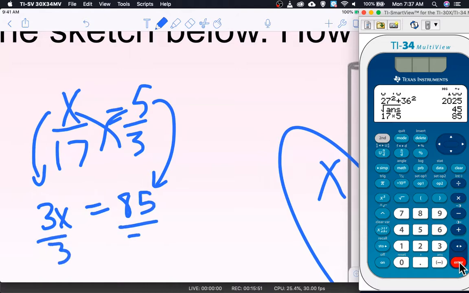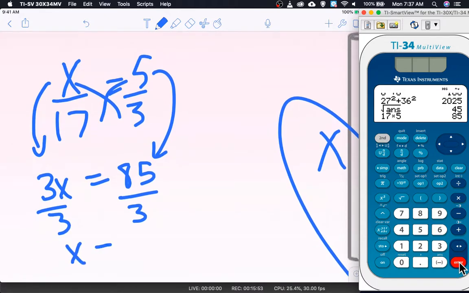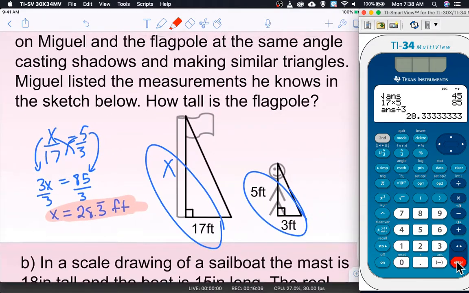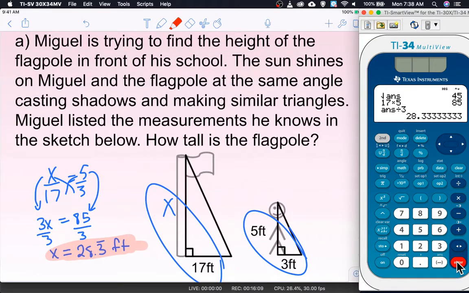Divide by 3, divide by 3, x equals 28.3 repeated feet. So that flagpole is 28.3 repeated feet tall. Fairly straightforward now. The process was pretty easy once we had the knowledge of what to do.